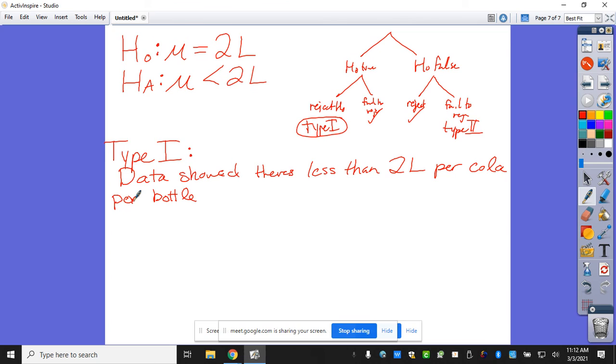I don't need to write when there actually is exactly 2 liters. I can just say when that's not true. Because technically, what's the opposite of less than? Greater than or equal to, which is kind of the way we think about this. We don't find that they were completely exactly right. That just means this direction is wrong. So the data showed that there's less than 2 liters per cola per bottle when that's not actually the case. Or we'll just say when there is enough.